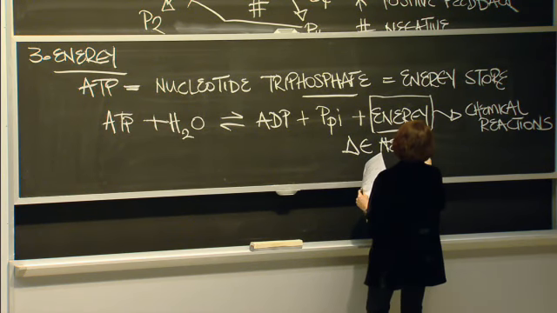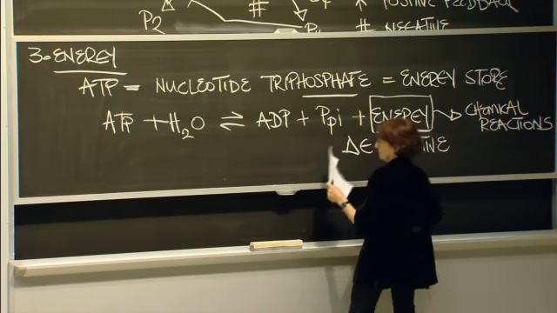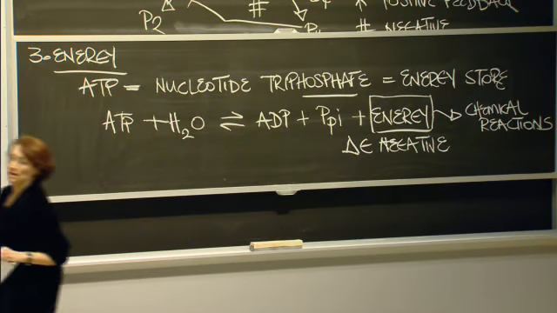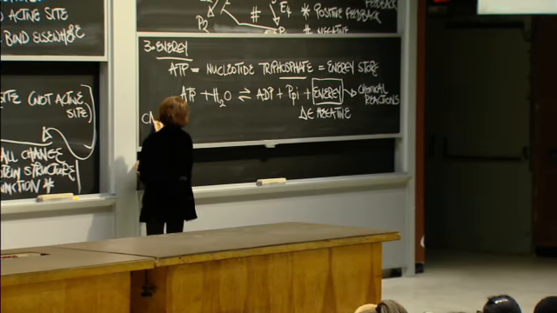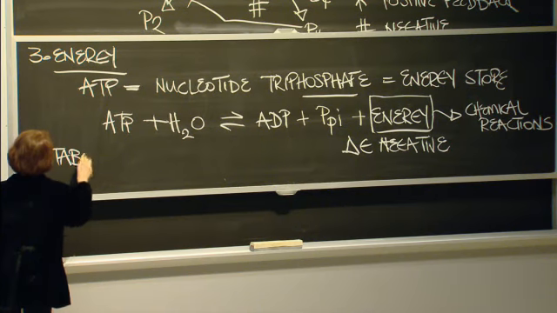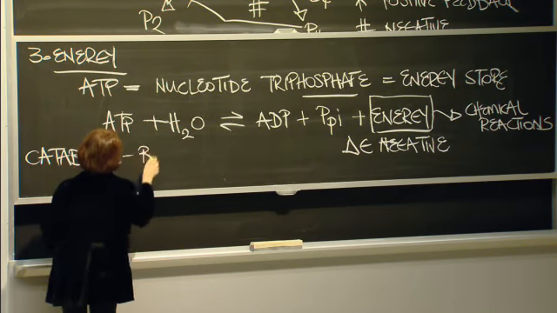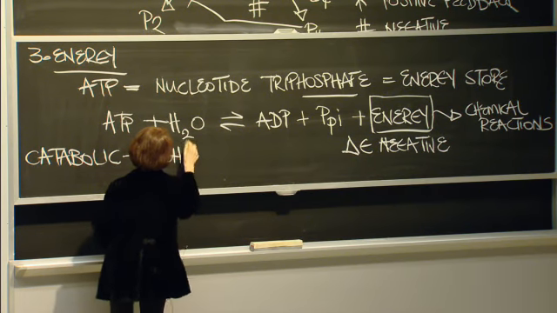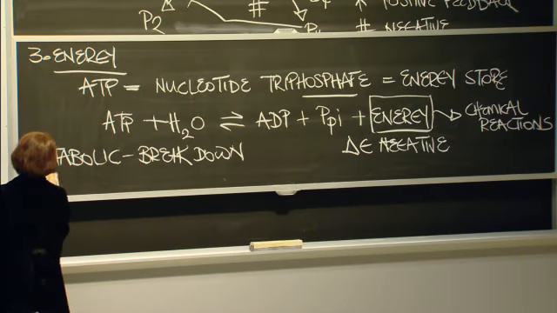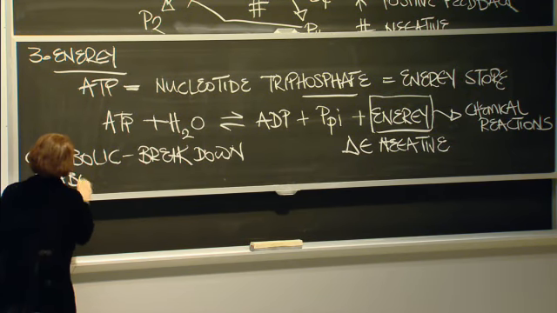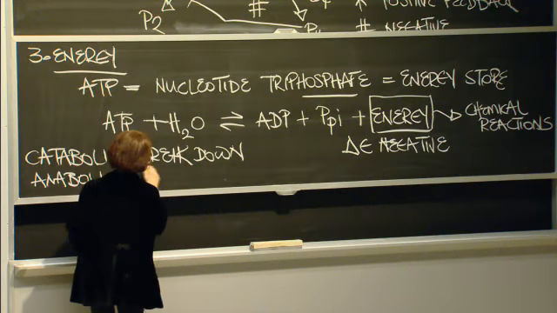That is why there's energy released. And this energy is used for 2 types of reactions, those that are catabolic, that break down molecules, and those that are anabolic, which build up molecules.